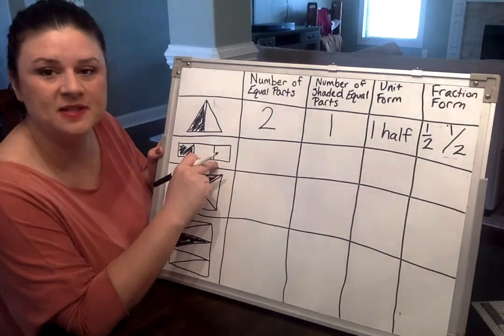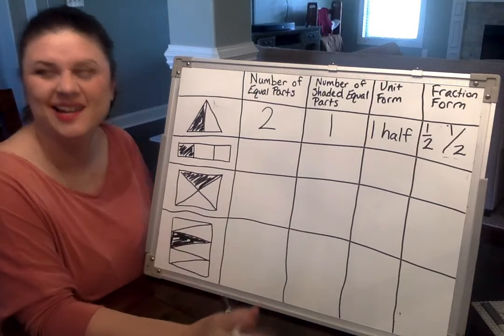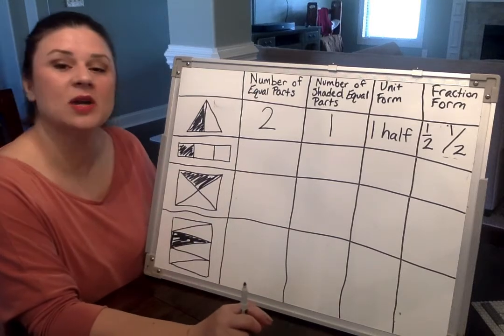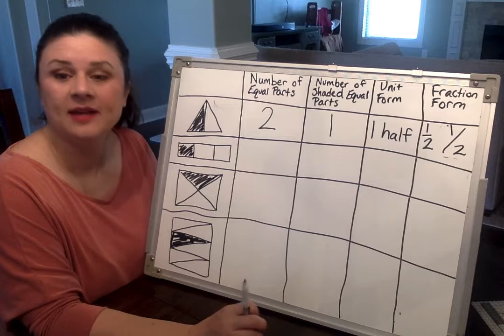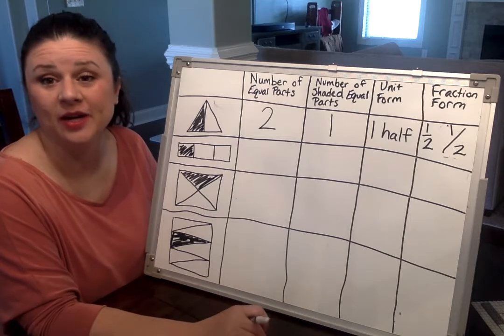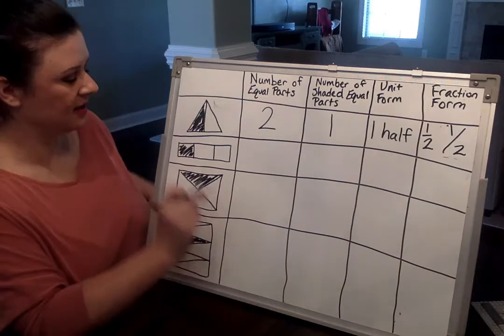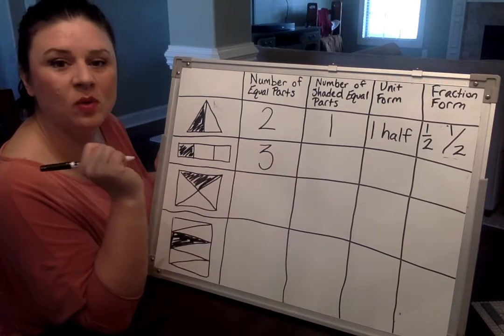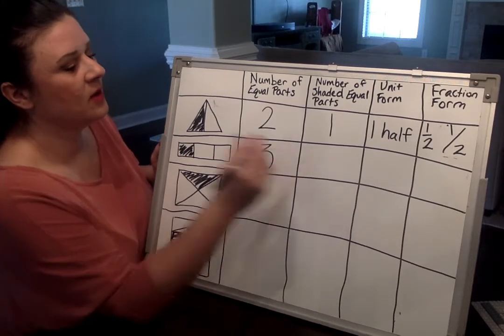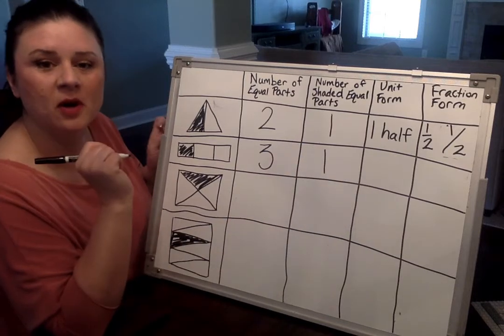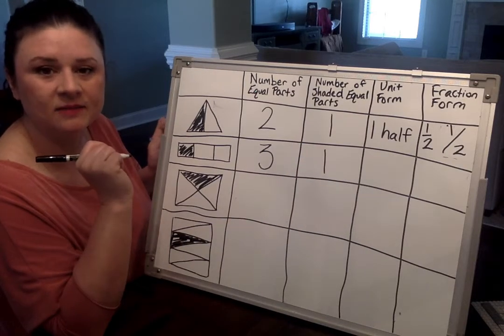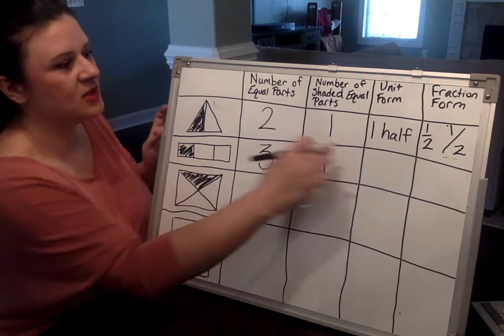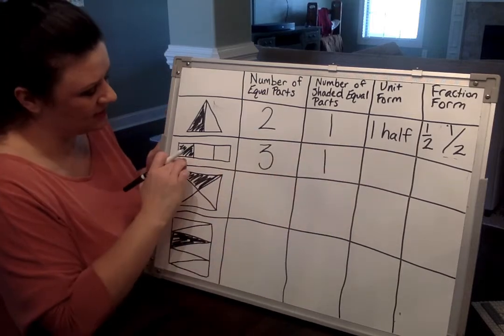This next one reminds me of something we've used in class before when adding, subtracting, multiplying. That's called a tape diagram. Remember when we used that? Here this tape diagram has 3 equal parts. One of those parts is shaded in. What could we name this one part?